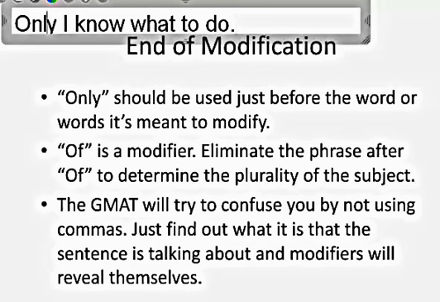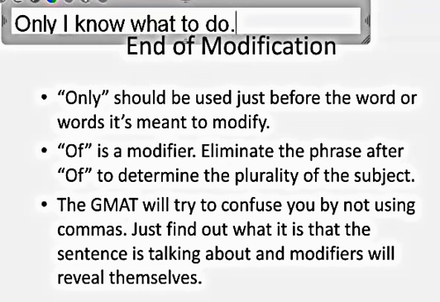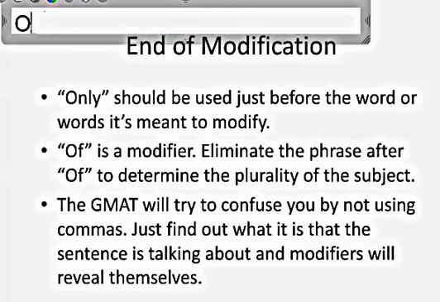This is fine. This is a sentence. Only I know what to do. What is this modifying? I. How does it modify? Well, if I say I know what to do, that's a complete sentence. But if I say only I know what to do, it changes the meaning of the sentence, but it's still the same sentence.